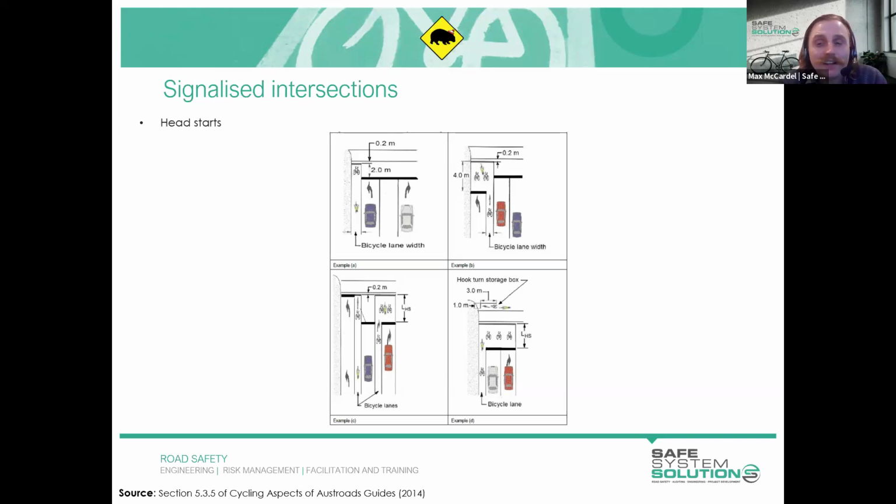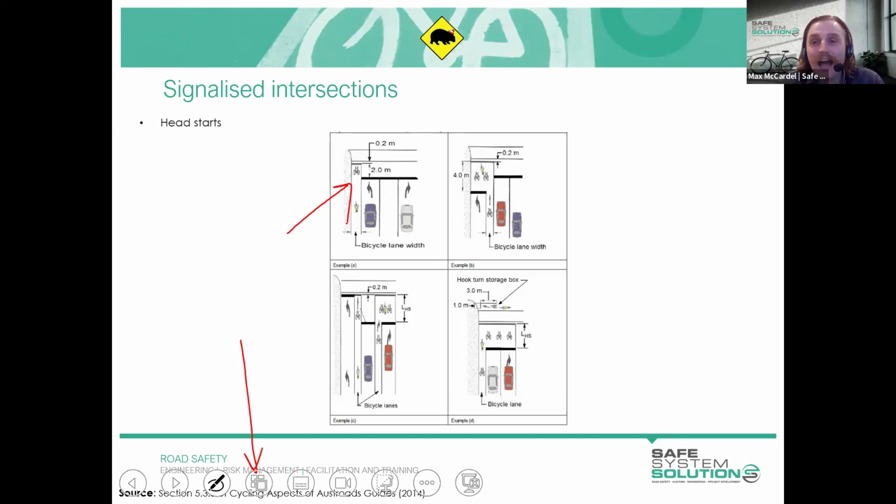The way that I kind of reference these different general arrangements, as I said, you can get all the details in the Austroads guide, but basically you can kind of consider the head start where it's being situated as a bit of wayfinding.